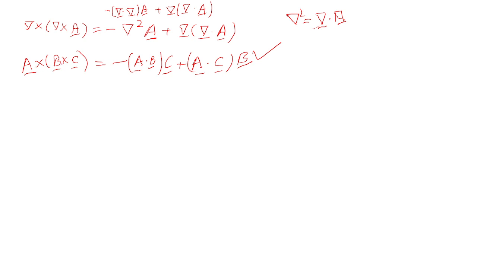That is very difficult to find. On the right side, it is very easy. Take the dot product of A and B and multiply with the vector C, and then take the dot product of A and C, multiply with vector B. That will give me the whole thing. So it is very easy to calculate the vector triple product by this formula. Okay.